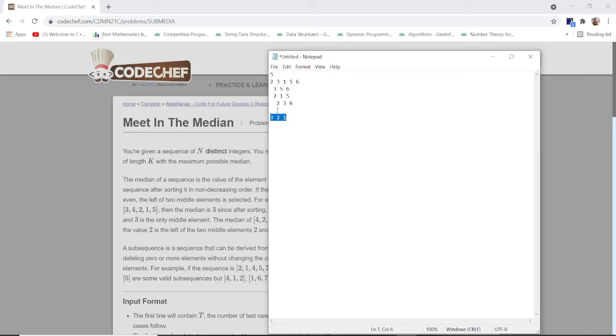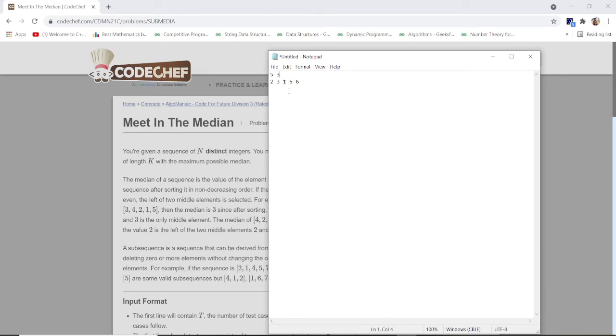So I am going to the actual question now. Suppose I take this array, and according to the question I have to find a subsequence which has the maximum median value, and the question gives the length of the subsequence. Suppose the length of the subsequence is 3, so I have to take 3 numbers, and this must also be a subsequence of this array, and the median is maximum.